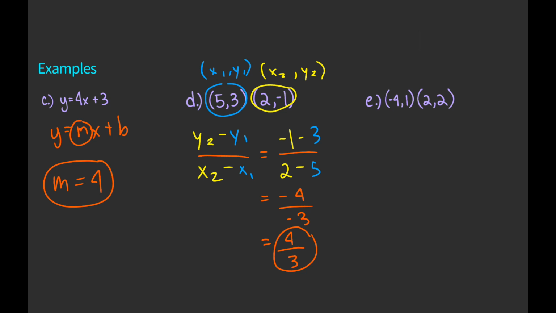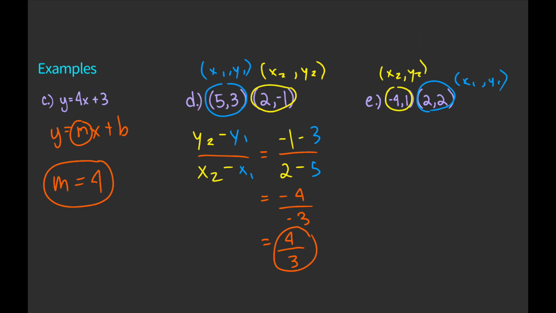And this is to explain that it doesn't matter which one of your points is x2, y2, or x1, y1. All that matters is x1 is with y1 and x2 is with y2 in the same point. Alright, so this one is x2, y2. And our second point is x1, y1.